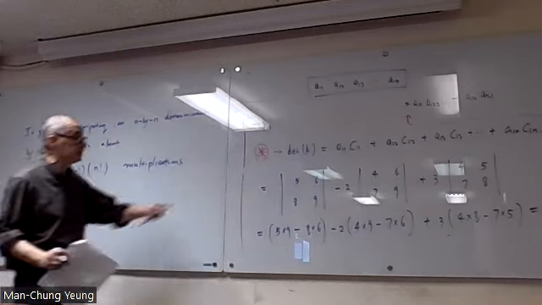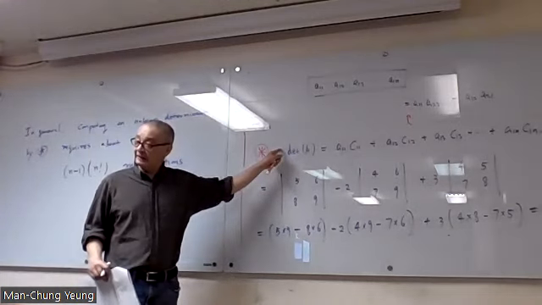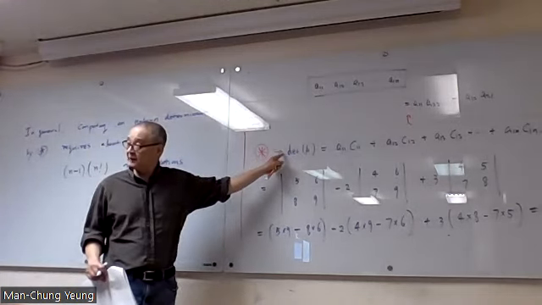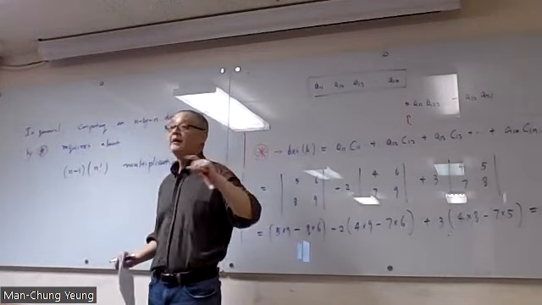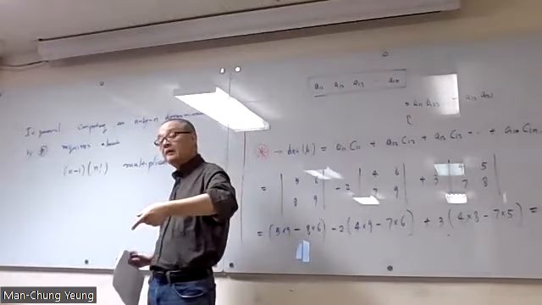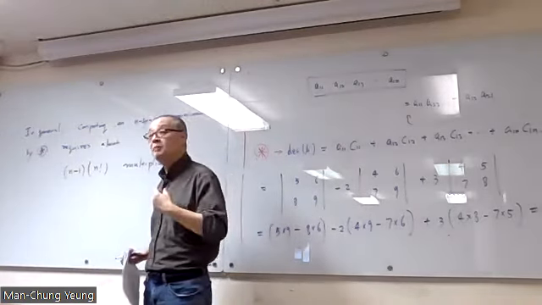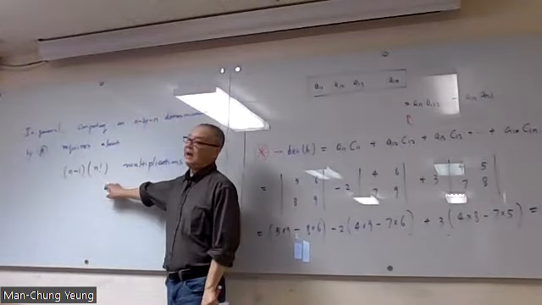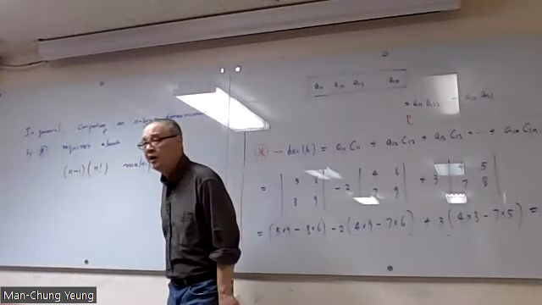If you use this formula to get an n by n determinant, how many floating point multiplications do you need to perform? This is a very huge number.